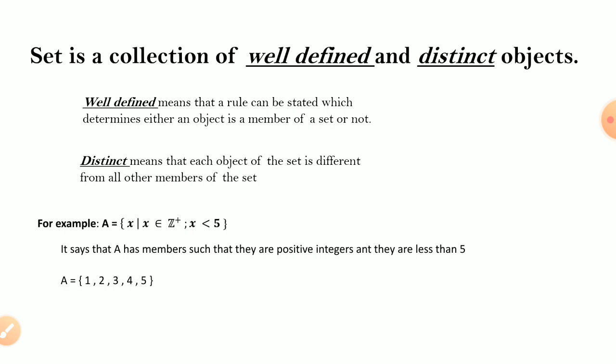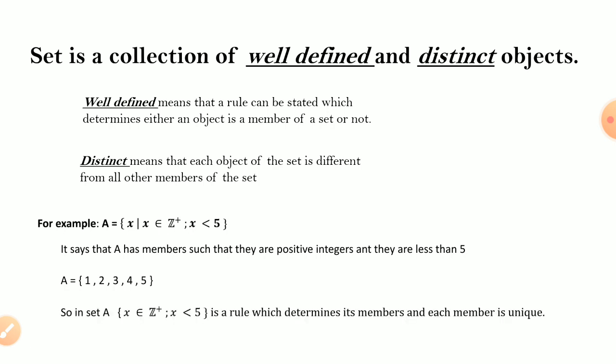Here we can say that the rule is x belongs to positive integers and x is less than 5. That is the rule which determines its members, and we can see that each member is unique. There are no two similar elements. It means this is a set. For being a set, two conditions must be satisfied. The first one is well defined and the second one is distinct.